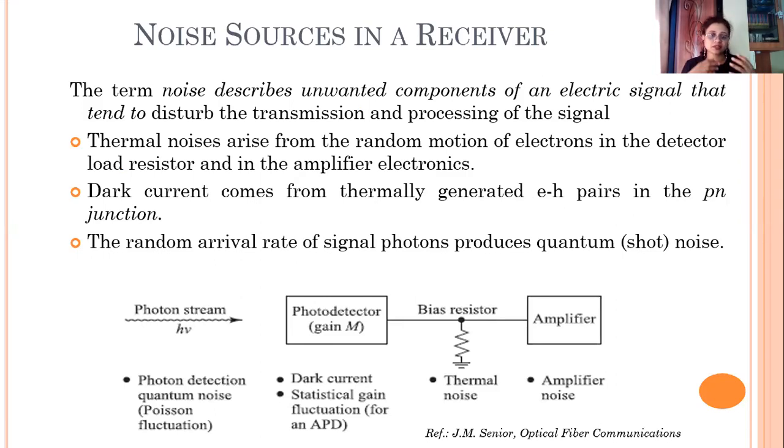Similarly, on a similar analogy, we can imagine the light, that is energy in the form of photons, is not continuous, rather it is a statistical process, and this also creates a type of noise that is known as statistical noise, or the noise generated because of the statistical nature of the light and its fluctuations. This noise is also called quantum noise, which is mostly modeled using a Poisson fluctuation process.